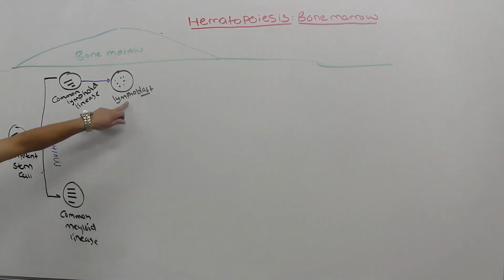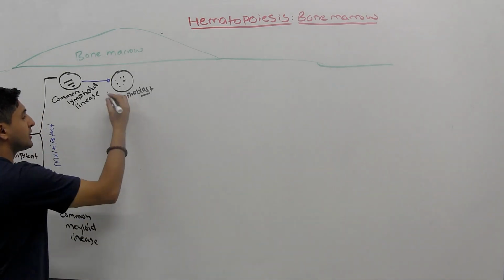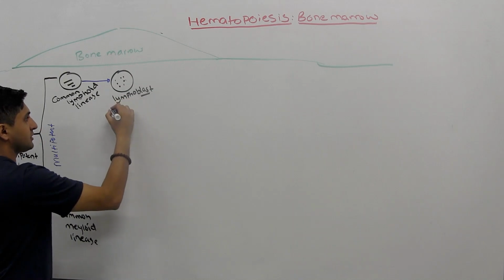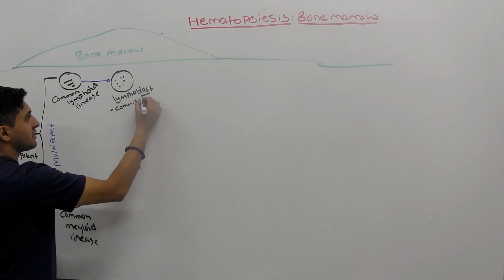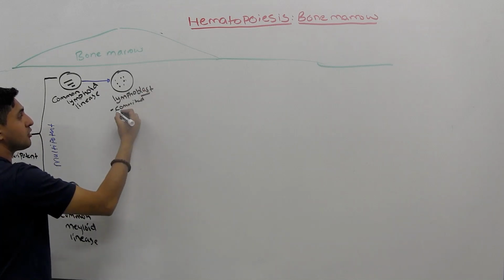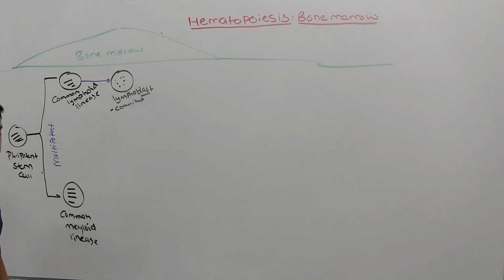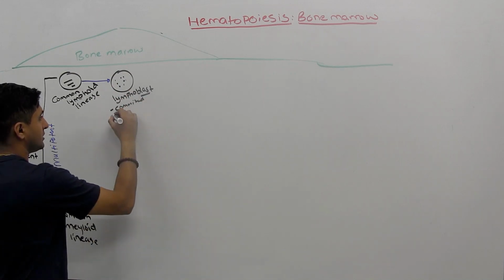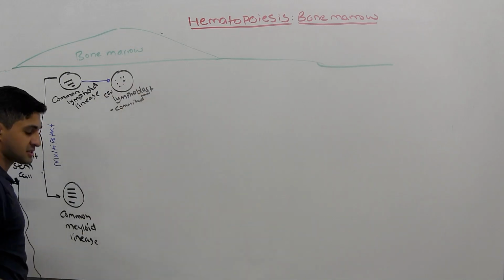Now it's going to give rise to this, which is committed to make something. So we can call them committed stem cells, or a colony forming unit lymphoblast, so I can just say CFU lymphoblasts, all right?